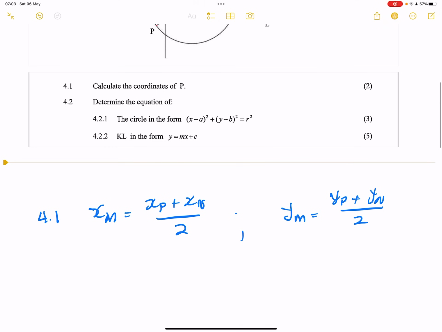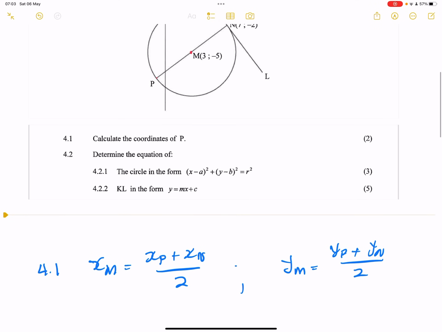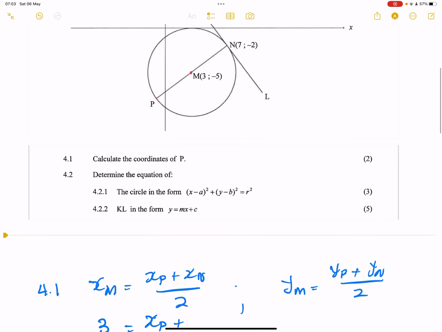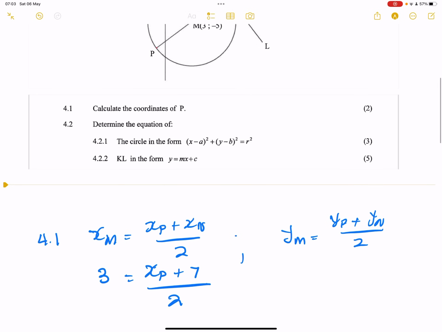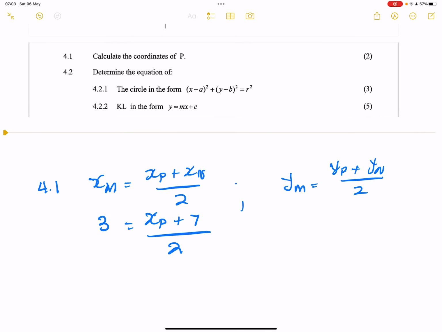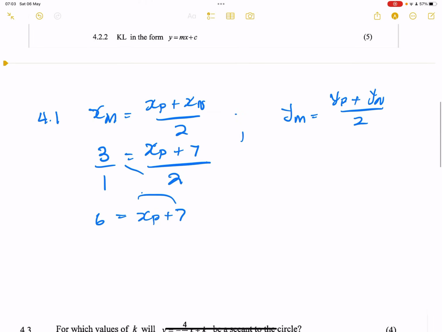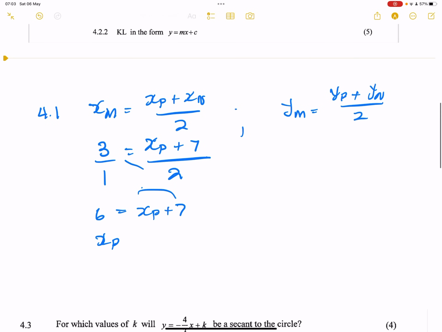All we need to do is substitute here. The x value at M is 3, at P is the one we're looking for, the one at N is 7, and divide that by 2. So we cross multiply: 2 times 3 is 6, and xp plus 7. If I take that to the other side, xp becomes -1.